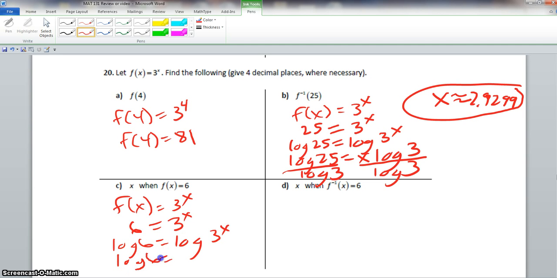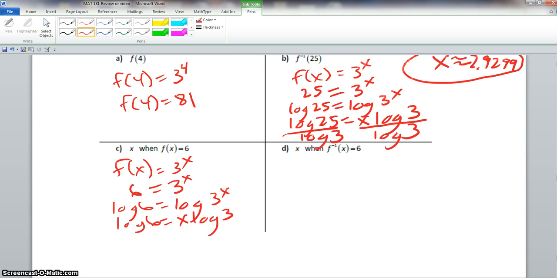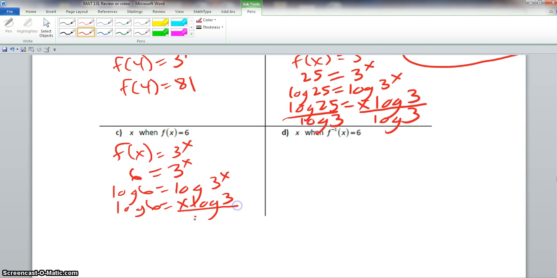So we have log of 6 is equal to x log of 3. Now we divide each side by the log of 3. We will have an approximation here. So we would take log 6 divided by log 3, and that would give us 1.6309.